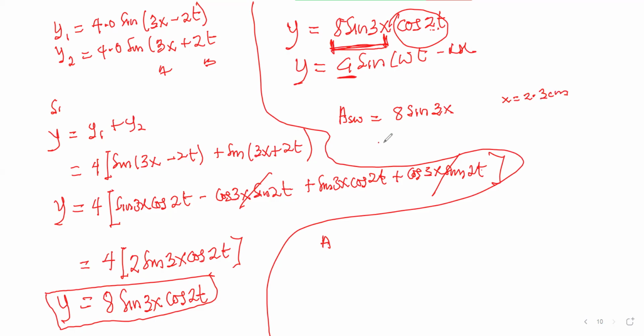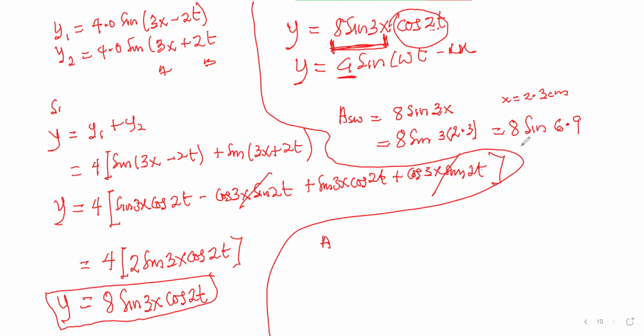So we are going to substitute 2.3 for x. So 8 sine of 3 times 2.3. This is equal to 8 sine of 6.9. That is 6.9 in radians.